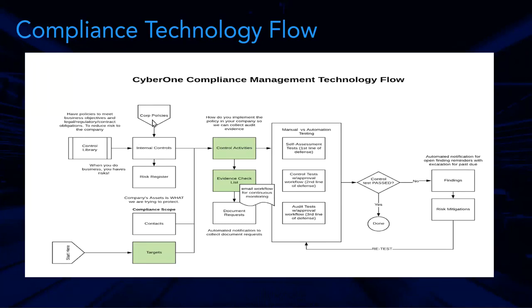And of course, we use internal controls to link policies to your requirements, so your regulations or standards. And we can also do internal control sets to do compliance through control activities on targets as well. We're going to show you a couple of different ways that you can approach creating internal controls in the system. Very simple processes for each one of them. So let's go ahead and get into the management platform.